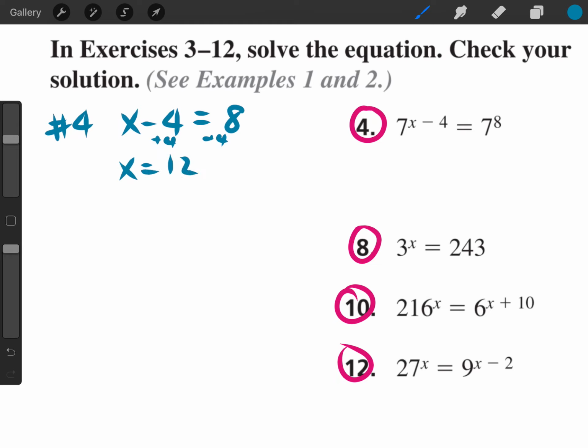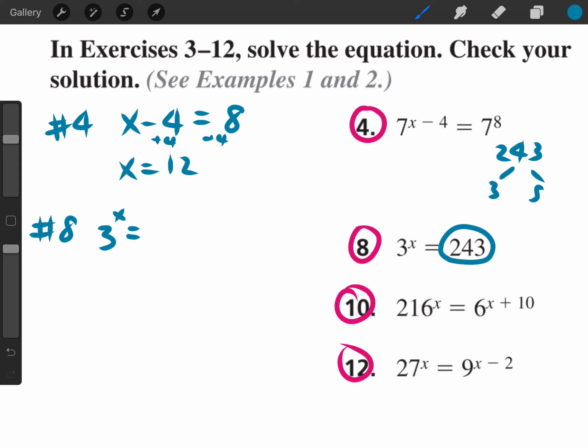Okay, let's look at number 8. You don't have the same base in this case. So you want to make sure that 243, you can write it in a base of 3. So 3 to the x power is equal to, you can use a factor tree for 243.